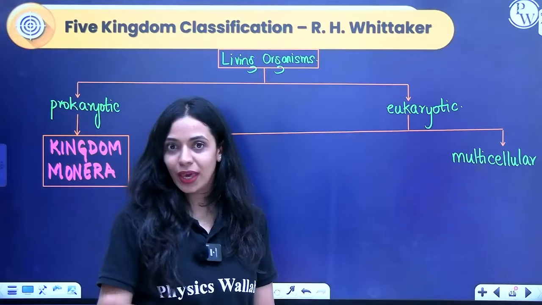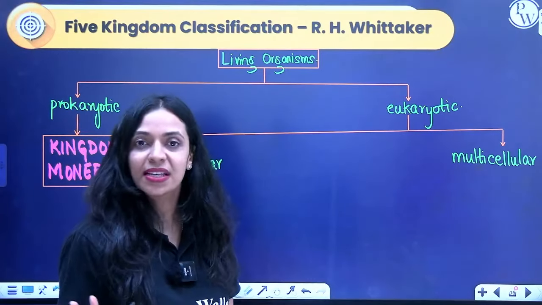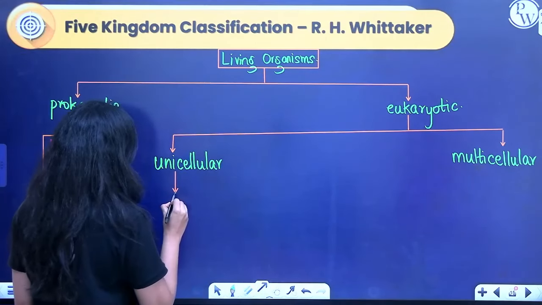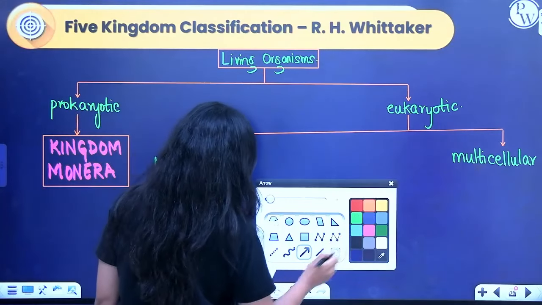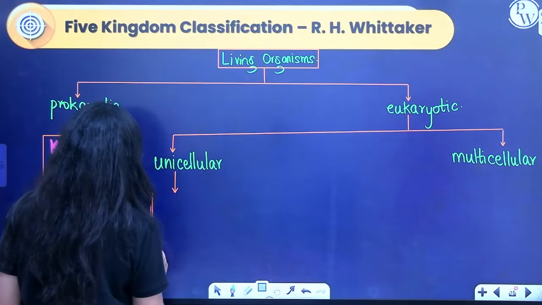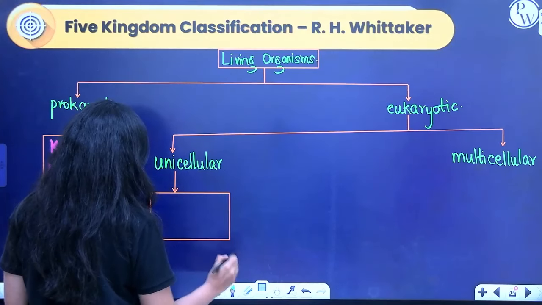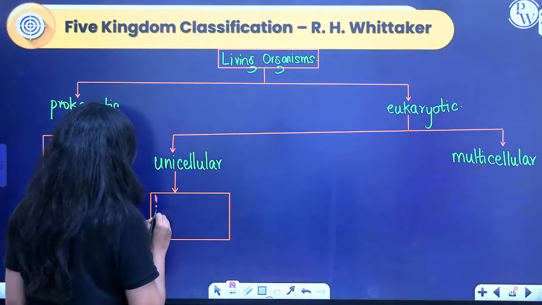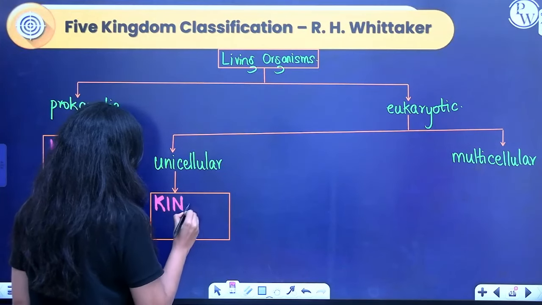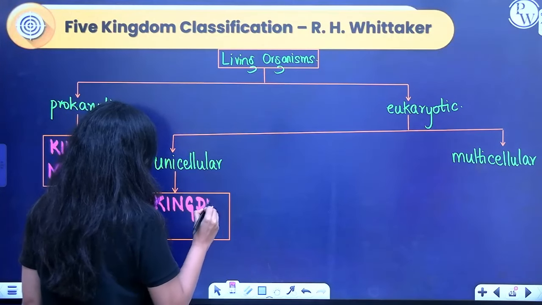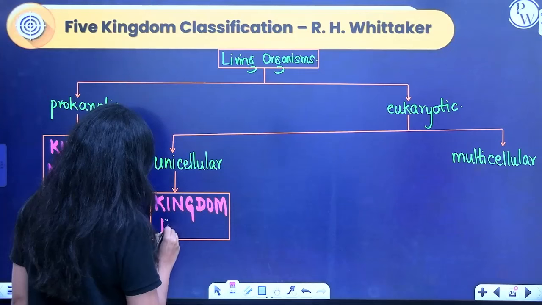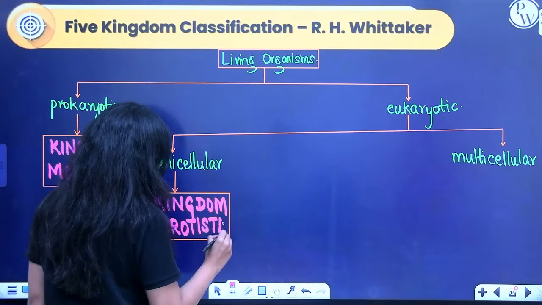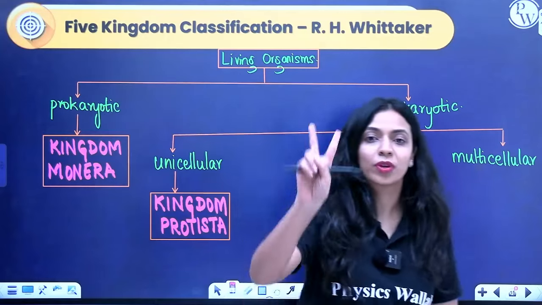If it is eukaryotic and it is made up of just one single cell, if it is unicellular, we will group that in kingdom Protista. Two kingdoms done.